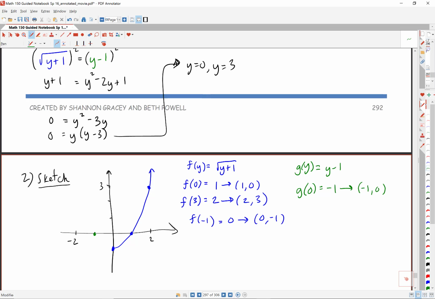And then g at 3 will give us 3 minus 1, which is 2. So remember, that's going to be 2, 3. And that's here, that intersection point.